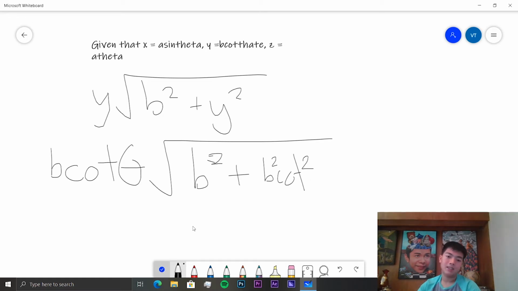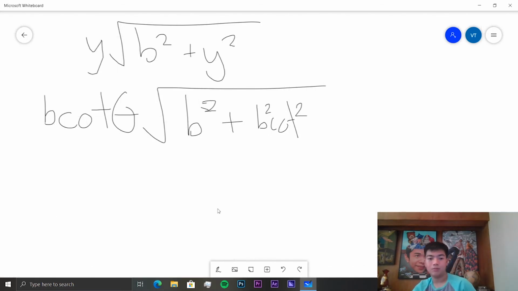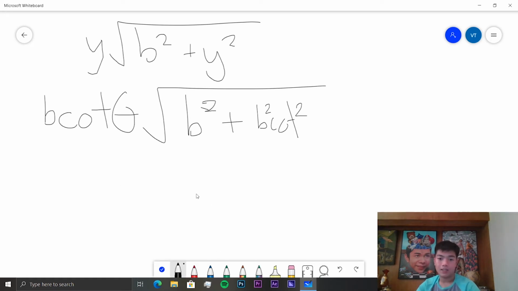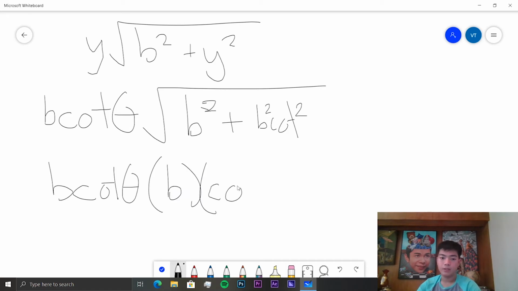If you look inside the brackets, this is equivalent to b squared times 1 plus cotangent squared theta, which you should recognize is equal to cosecant squared. So this is equal to b cotangent theta times b cosecant theta, not squared.